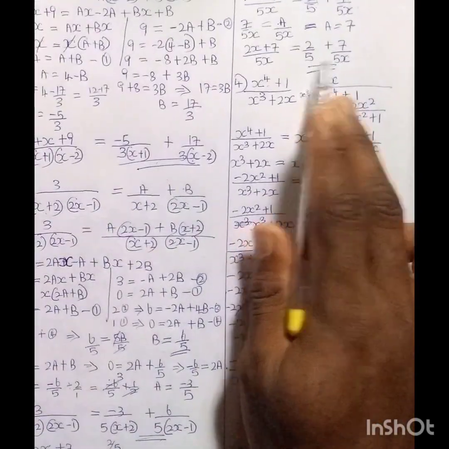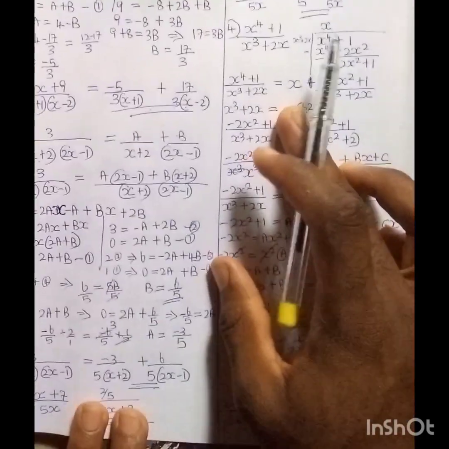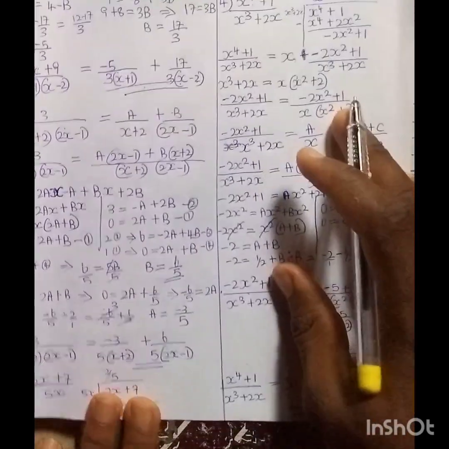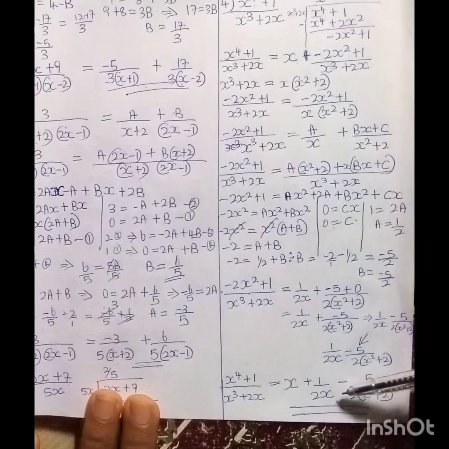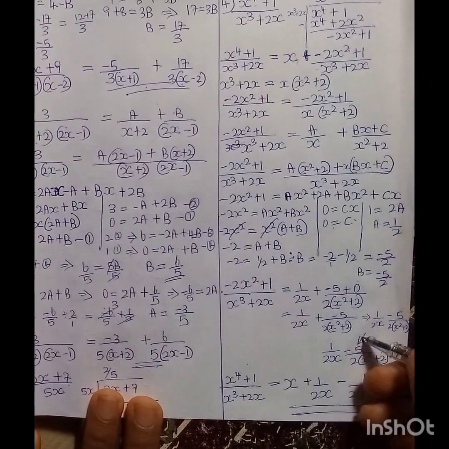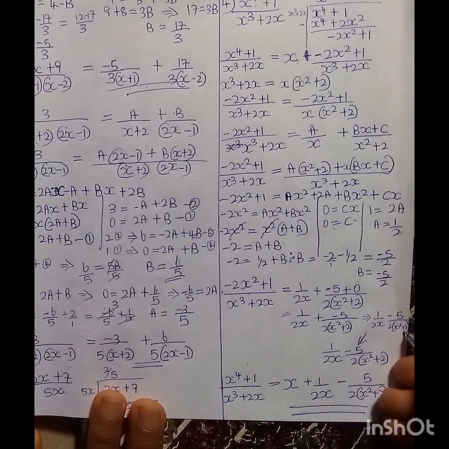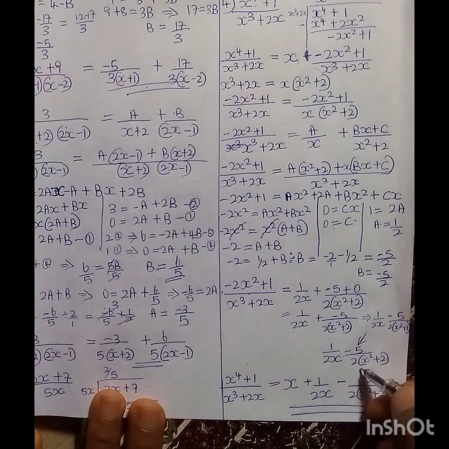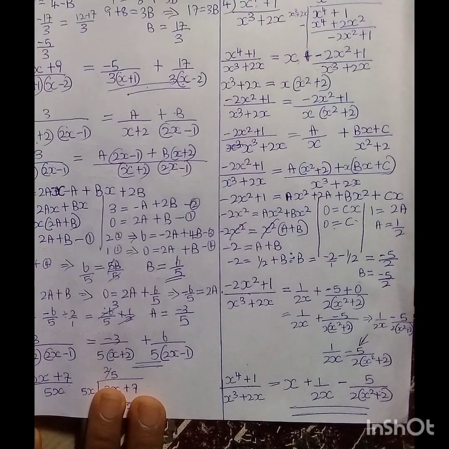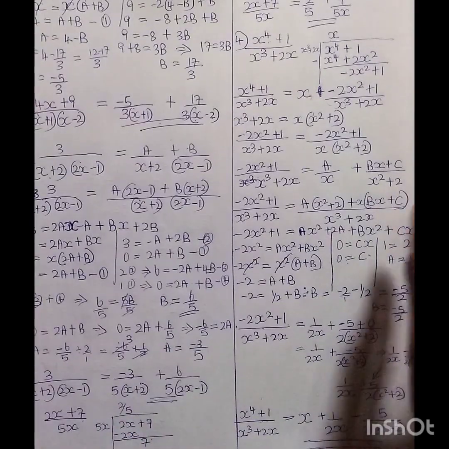This is the fourth question, this is the solution to it, and this is the answer here. This thing here, I wrote it here. It's the same thing here, because of this extreme. So it's the same thing here. 2 brackets x squared plus 2.